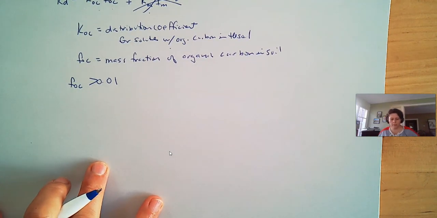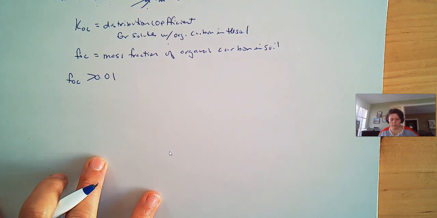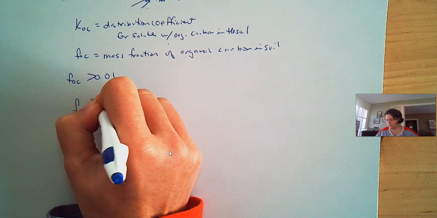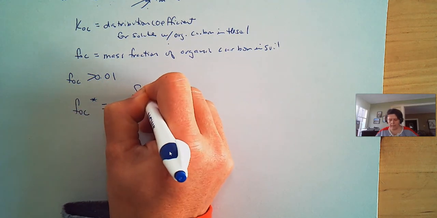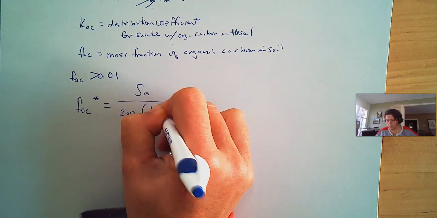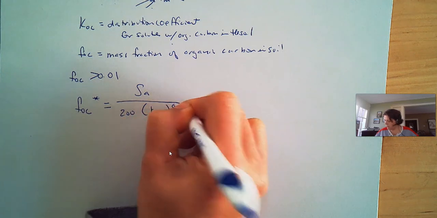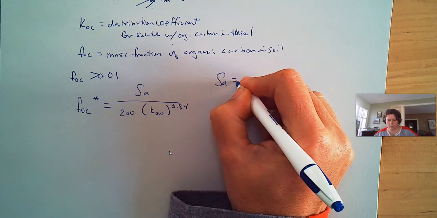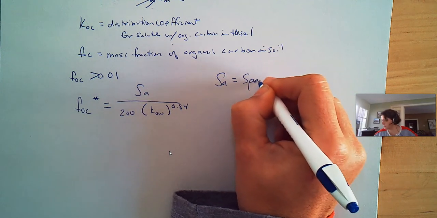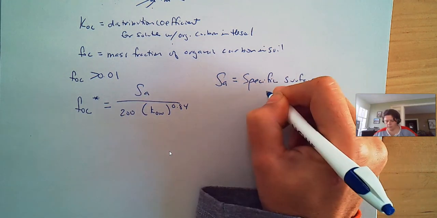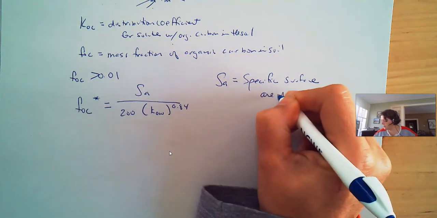Experimental investigations have shown empirical relationships. What they found is FOC, the fraction of organic carbon, equals SA divided by 200 KOW to the 0.84, where SA is the specific surface area of the soil.